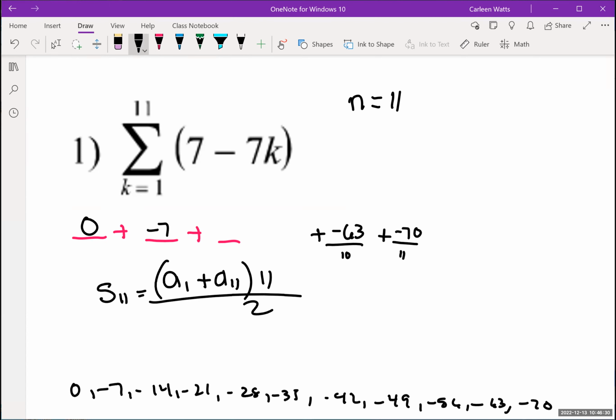Okay, so I would like you to add all 11 terms, and I don't care what method you use. You can either use the formula or plug them into the calculator one by one. Make a choice. And what do you get?